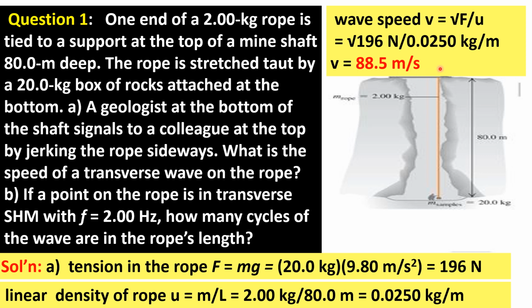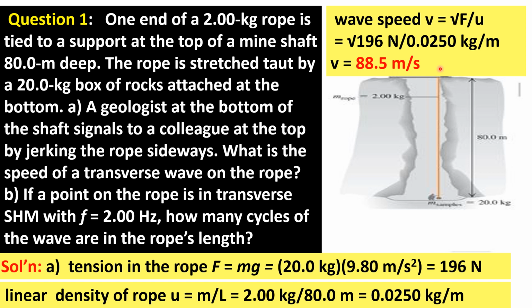For letter B, we're going to determine the number of wavelengths, or the number of complete cycles, produced in the rope, whose length is given as 80.0 meters.